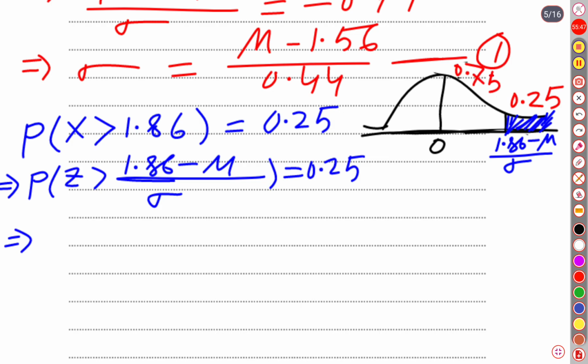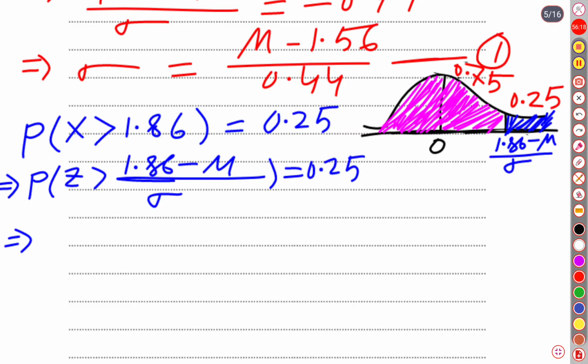Which part? That left part. And you know why should we always get the greater part? Because in the normal distribution graph, the probability given is always the greater part, not the smaller. 0.25 is not available in the normal distribution table, as I have shown that it's more than or equal to 0.5. So the probability is 0.75 for this corresponding z score.